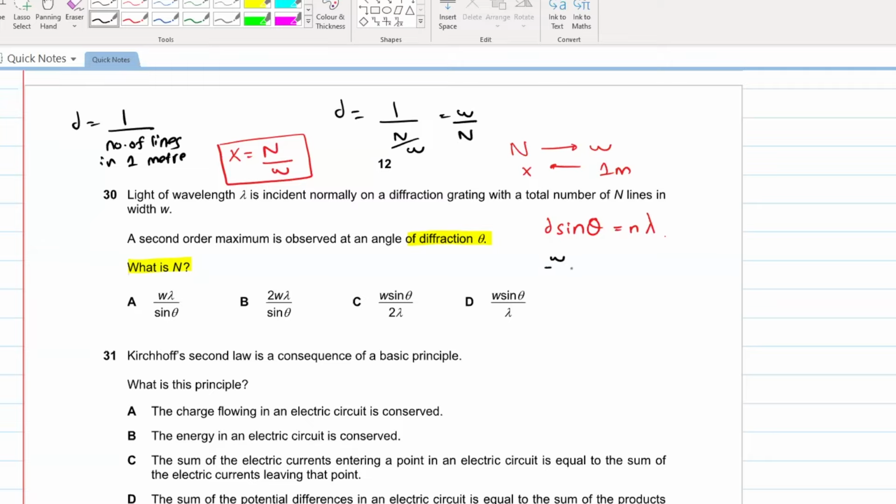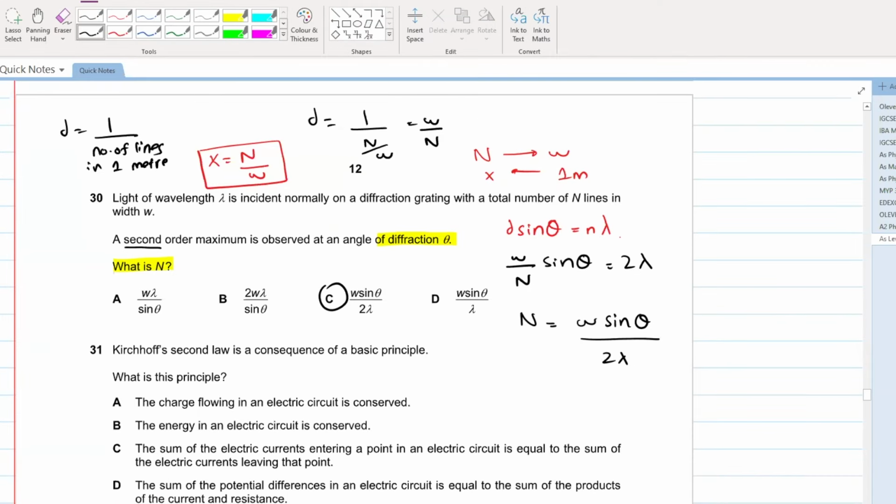In place of d, W over capital N, times sine theta. Small n is 2, because this is a second order maxima. This is your lambda. Can you make capital N the subject? Capital N is equal to W sine theta divided by 2 lambda. C is your answer.